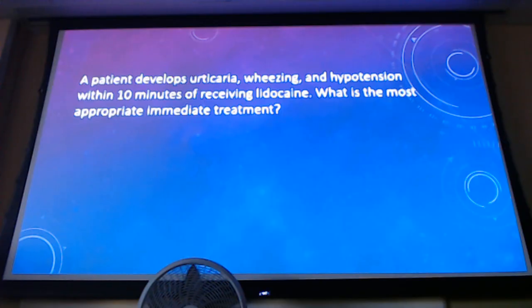You may be going anaphylactic, sure, with the wheezing, urticaria, hypertension. Do you think maybe you possibly put that lidocaine in a vessel? Potentially. What's the treatment? If you have someone who's going into anaphylactic shock, what do you give them? Epi. Right. So that's the most appropriate immediate treatment if you have someone who's wheezing, urticarial, hypertensive.